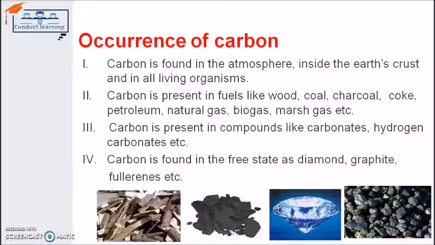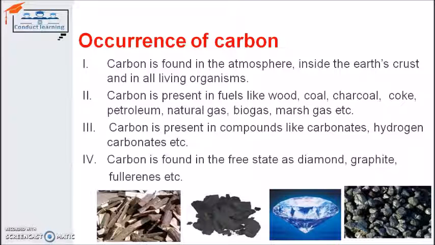The next is the occurrence of carbon. Carbon is normally found in the atmosphere, in the earth's crust and in all living organisms. If we collect random materials, we can find carbon in them, but in the form of its compounds, not in pure form.